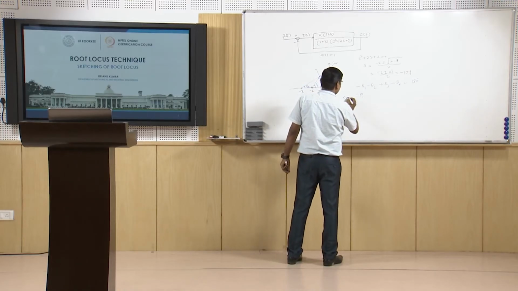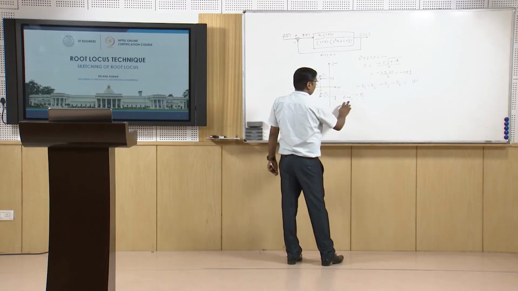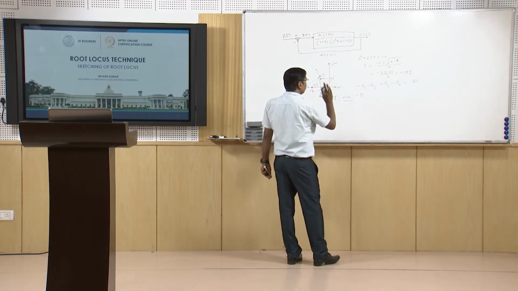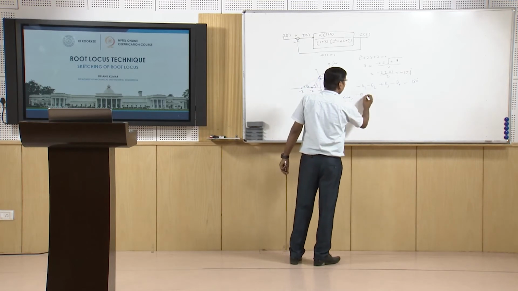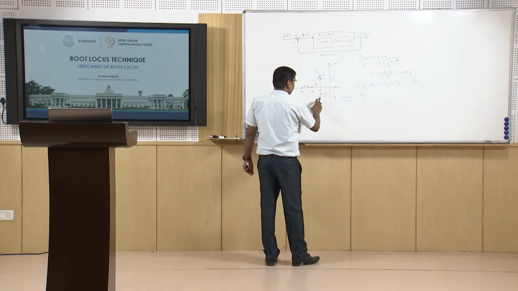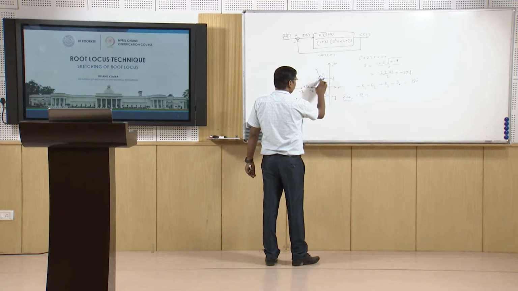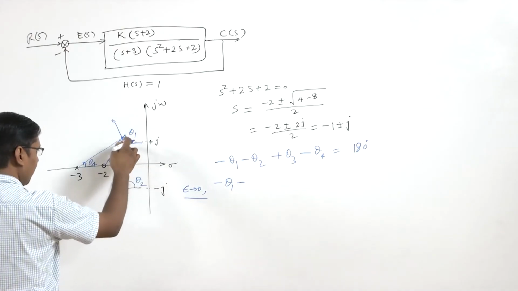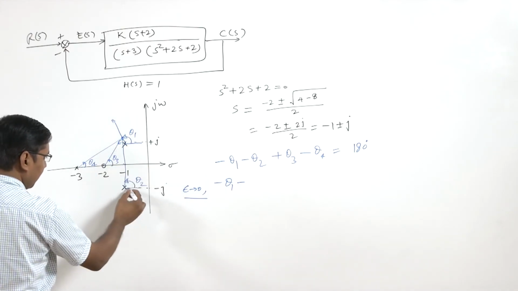When epsilon tends to 0, theta 2 becomes 90 degree.